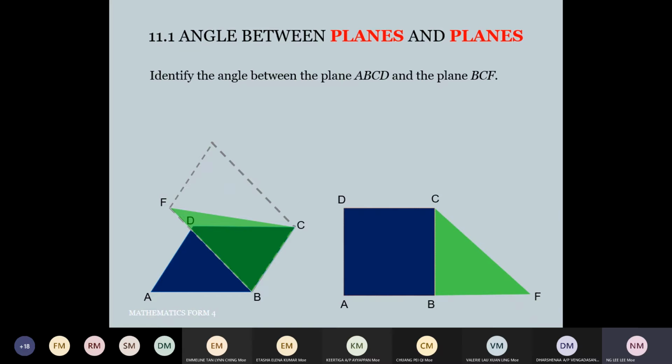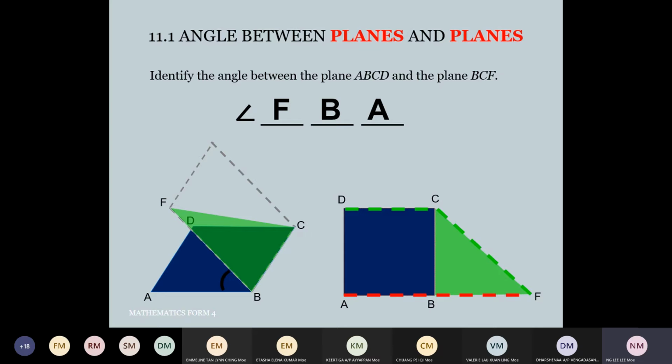So the only choice is on the side of ABF. So the angle cannot fall at DCF; the angle has to be at ABF. This is the meaning.